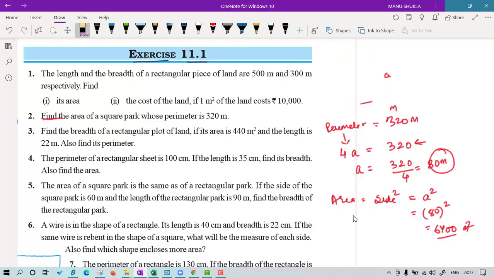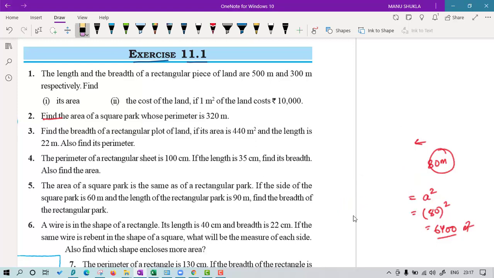Find the perimeter of a rectangular plot if its area and length are given. It's very simple, because we know in an equation, if one thing is not known to you, you can easily find it by isolating it. So question number 3: find the breadth of a rectangular plot.